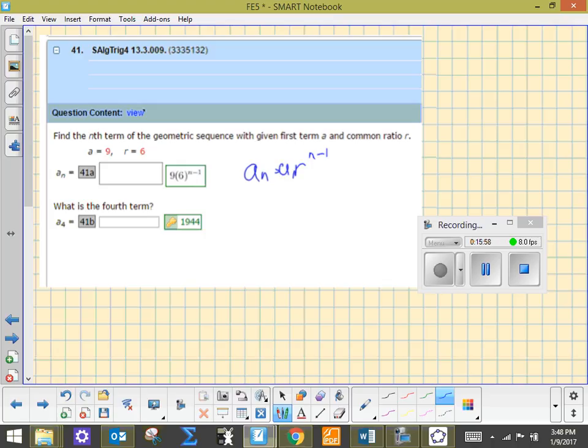So a sub 1, they're telling me, is 9. R, my common ratio, is 6. I raise that to the n minus 1. Now they ask me for the fourth term, so that's the n value. So I just go 9 times 6 to the 4 minus 1, which is 3. 6 to the third is 216, times 9 is 1944.